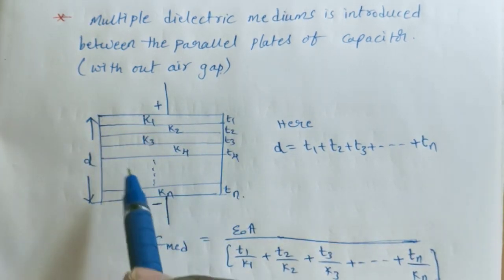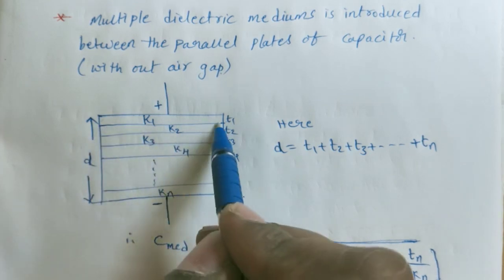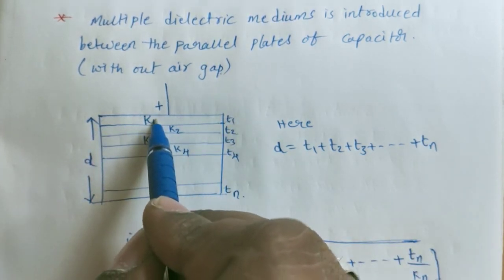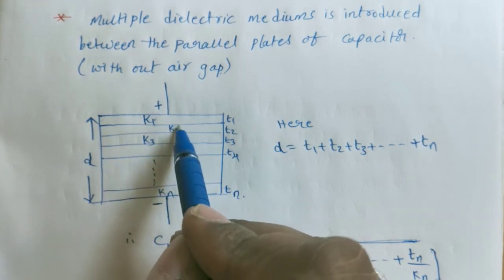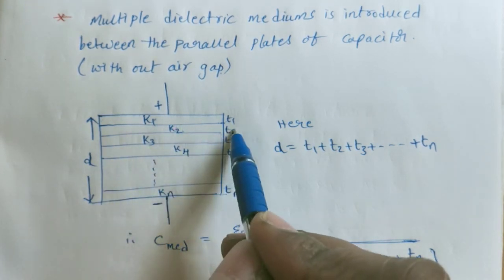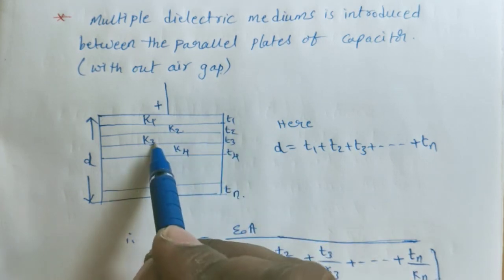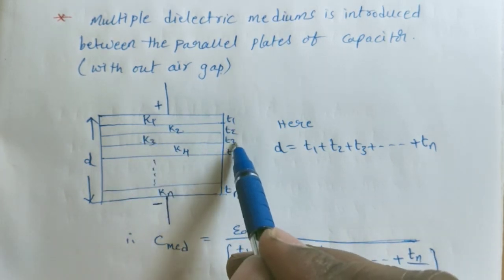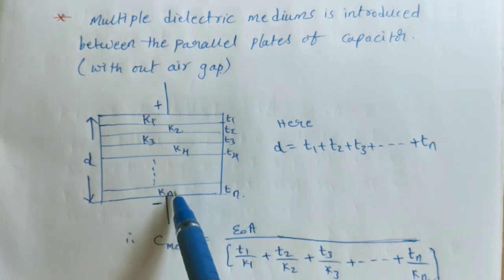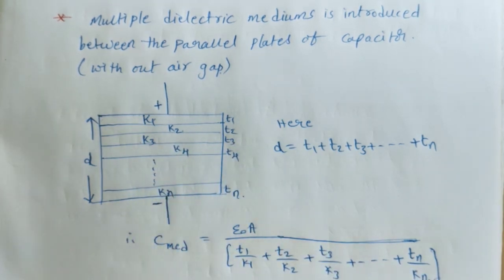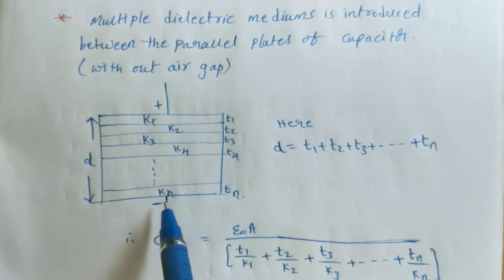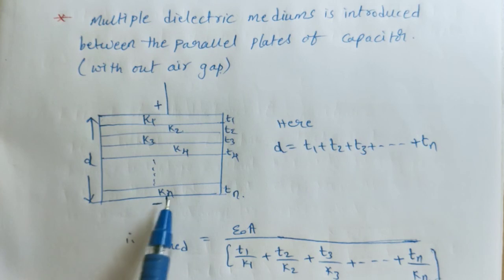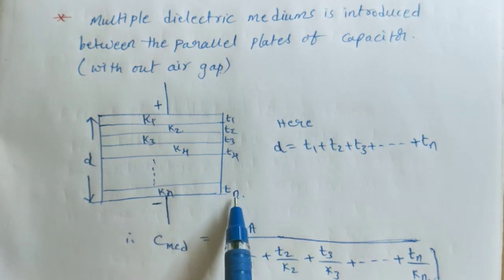The first slab has thickness t1 and dielectric constant K1, the second has dielectric constant K2 and thickness t2, and the third has dielectric constant K3 and thickness t3. Similarly, for the nth slab, the dielectric constant is Kn and the thickness is Tn.